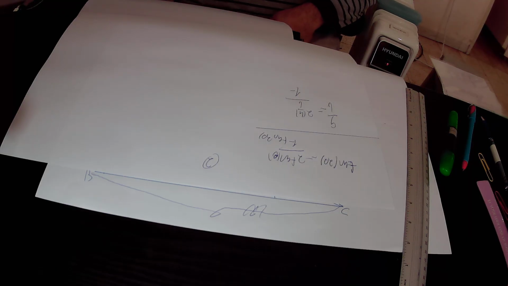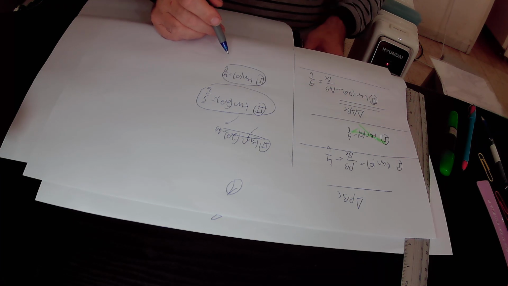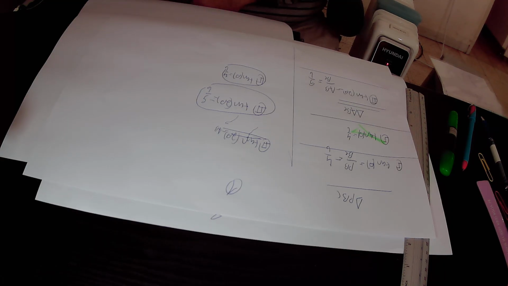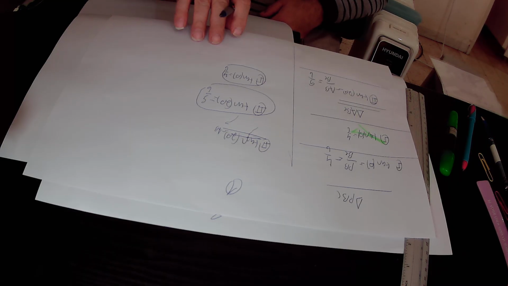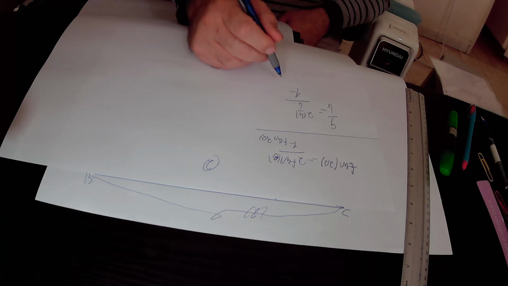If tangent theta equals 4 over b, then tangent square theta equals 4 over b squared, which is 4 squared, 16, over b squared. So tangent square theta equals 16 over b squared, and that is 1 minus 16 over b squared.